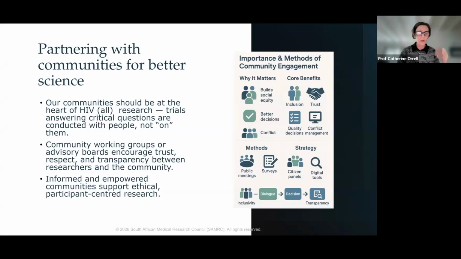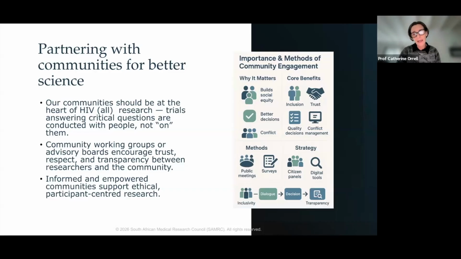There are many older criticisms that pharma companies come in, do the research, and then disappear without the product being available to the communities where the research was conducted. So part of our ethical process is to be sure that we move with the community, we answer questions that are relevant, and we also, as researchers, have a responsibility to make sure those products are available to the community after the research has been completed.